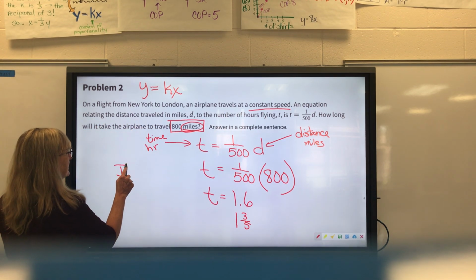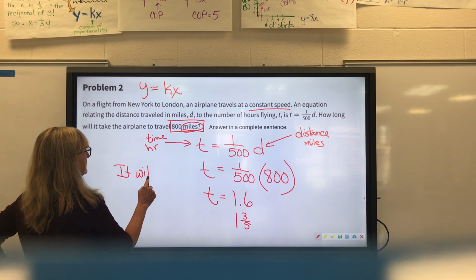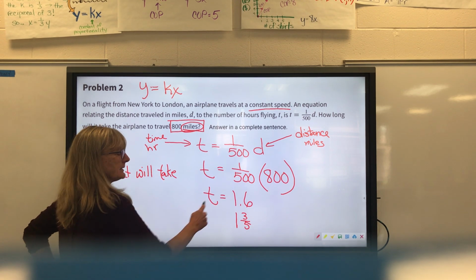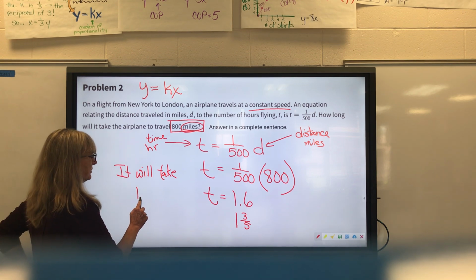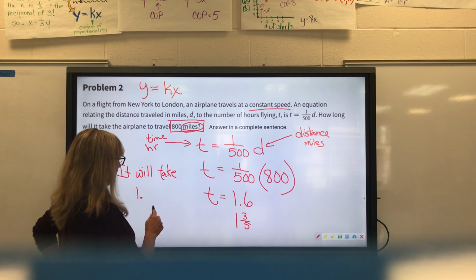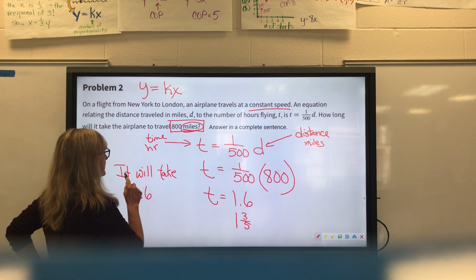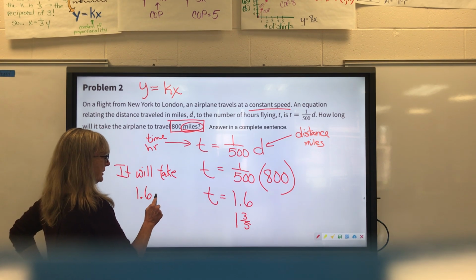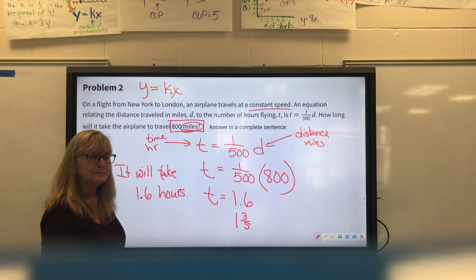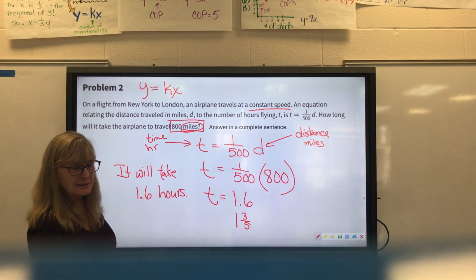So it will take, and it can be a simple sentence. What does this 1.6 mean? How long it'll take to travel 800 miles. So it will take 1.6 hours. You can just write the sentence like that.